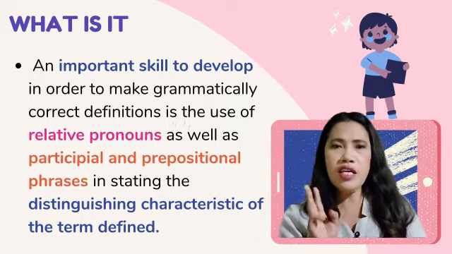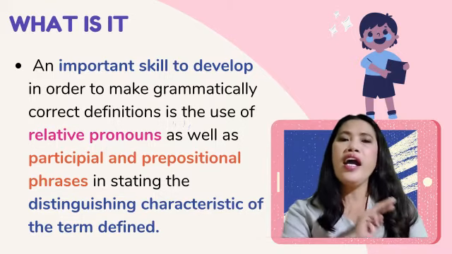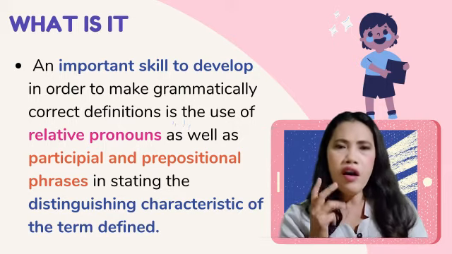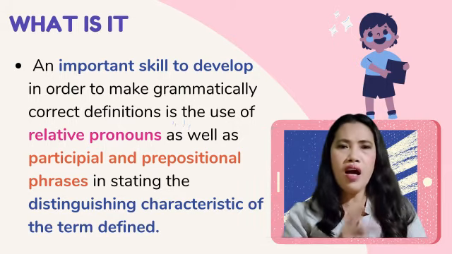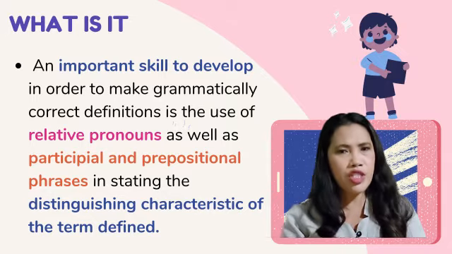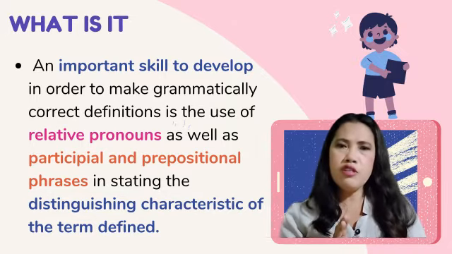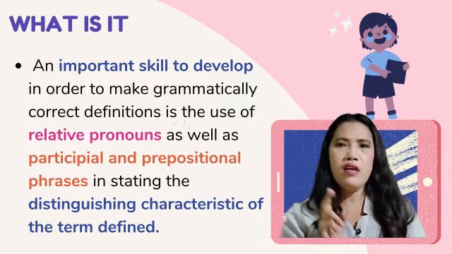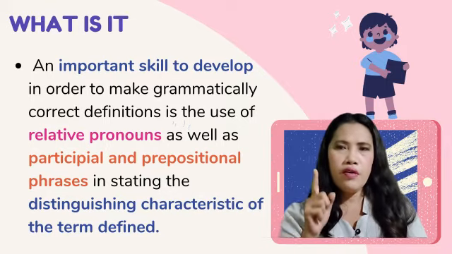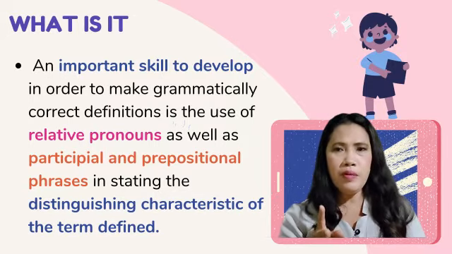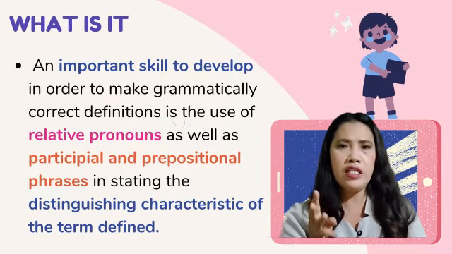So for you to easily identify or label which part of the definition is the distinguishing characteristics of the term defined, you need to take note of, first, relative pronouns; second, participial phrases; and third, prepositional phrases.